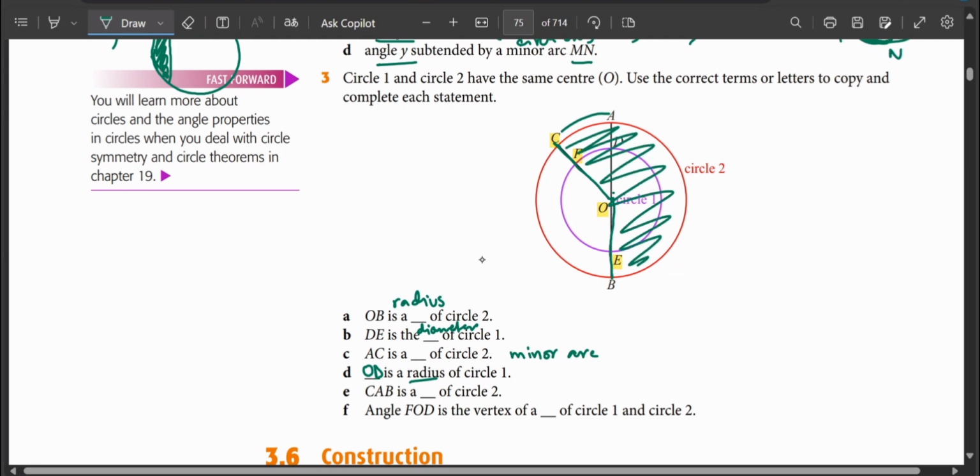CAB is a major arc. So we are talking about this arc, okay? So this is a major arc.